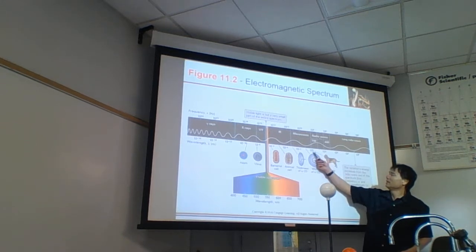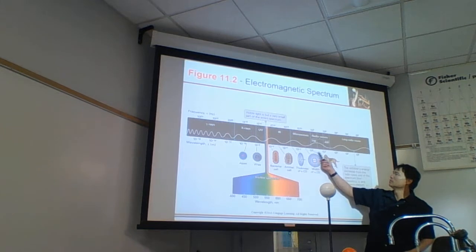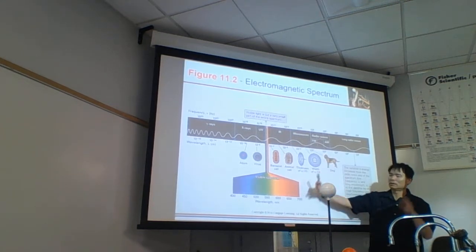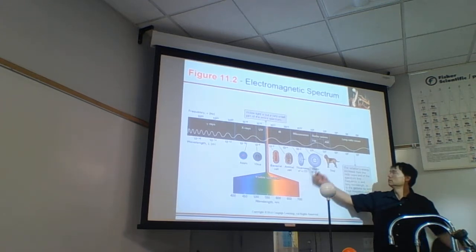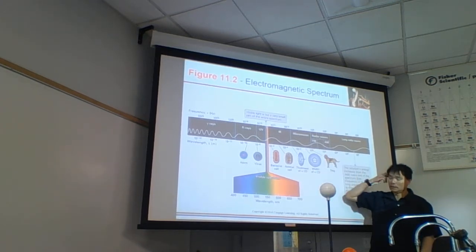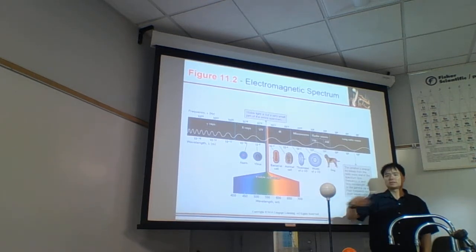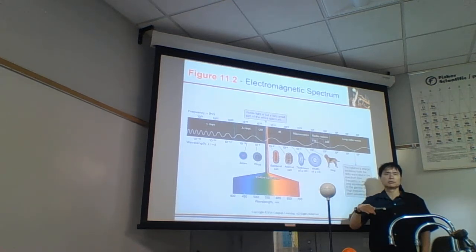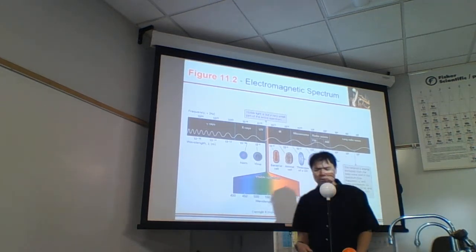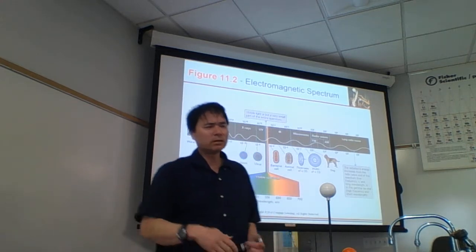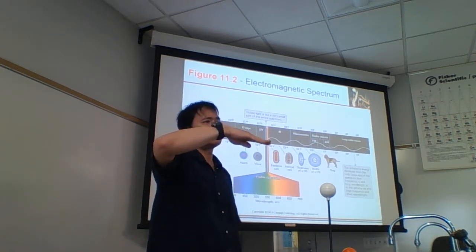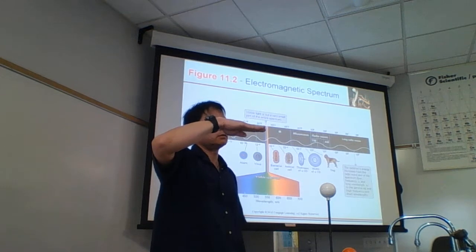FM radio waves have wavelengths, a peak-to-peak distance, of let's say 1 meter to 100 meters, and yet 1 million of these cycles will hit you in a second. That is 1 million hertz, or megahertz. FM radio is megahertz, AM radio is kilohertz. So megahertz is 1 million cycles per second, just up and down like this.